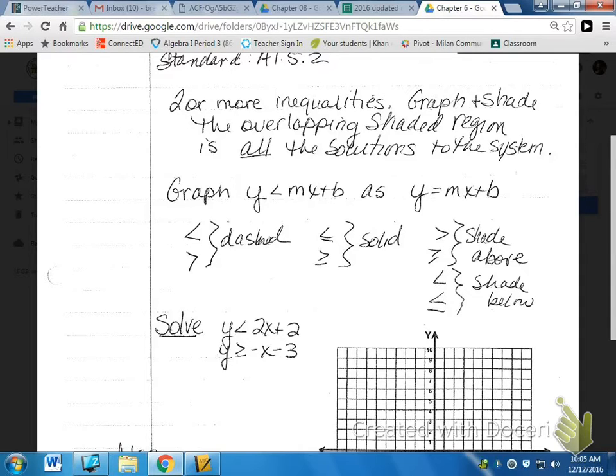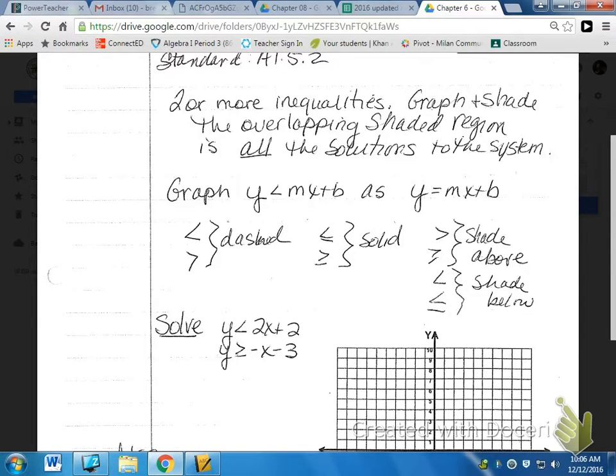If it's the or equal to, the extra line, that means you make it a solid line because the line is also part of the solution. Now, you shade above or you shade below. We talked about that before. Anything that is greater than or greater than or equal to, you shade above, or the greater y values. If it's less than or equal, you shade below, or the lesser y values.